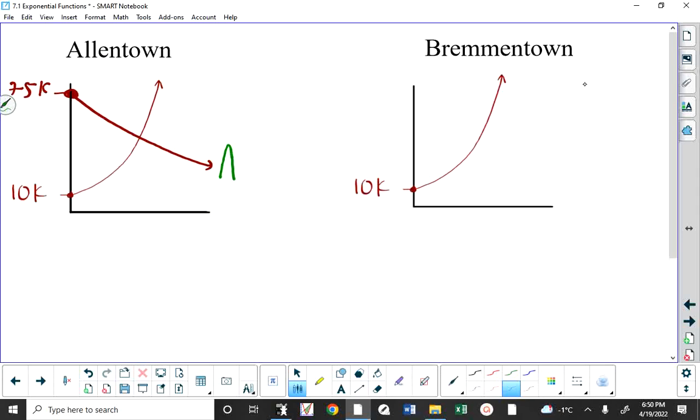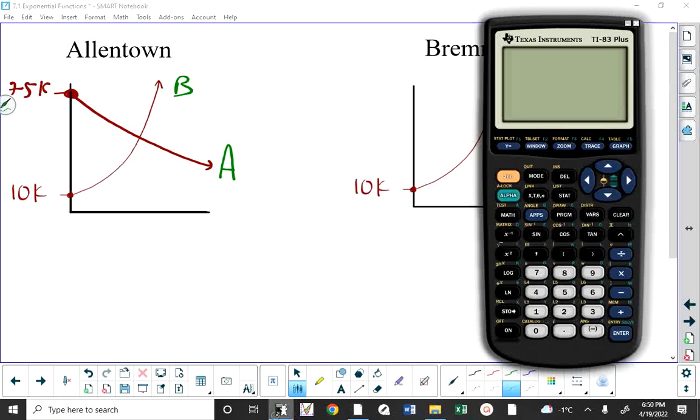This is Allentown, this is Brementown, and the only way we can do this so far is to use our graphing calculator. You do not know how to solve this algebraically yet. So I'm going to put in for Y1 Allentown, which I believe was 75,000 times 0.95 raised to the x.